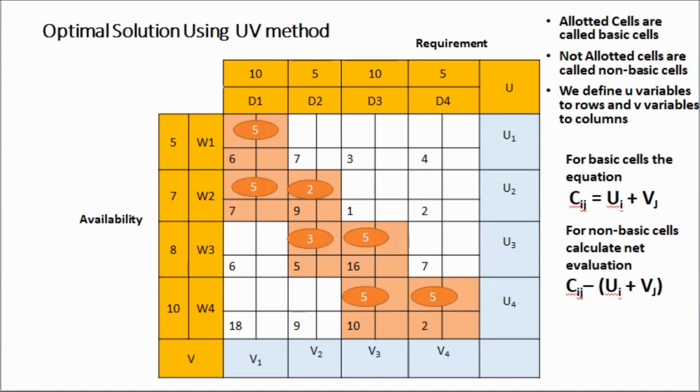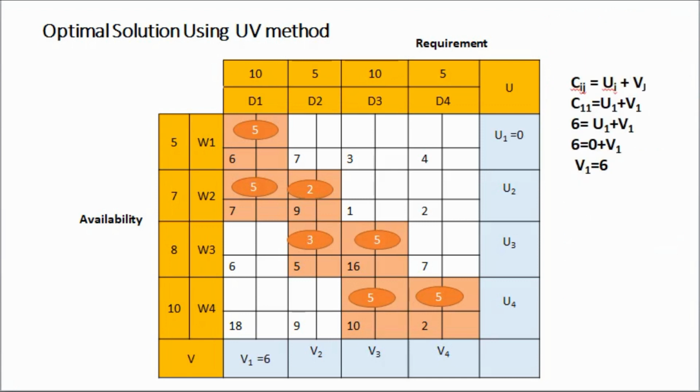Using the relationship Cij is equal to Ui plus Vj, if we take the first value C11, it will be C11 is equal to U1 plus V1. That is 6 is equal to U1 plus V1. Suppose we take U1 is equal to 0, then V1 is equal to 6.